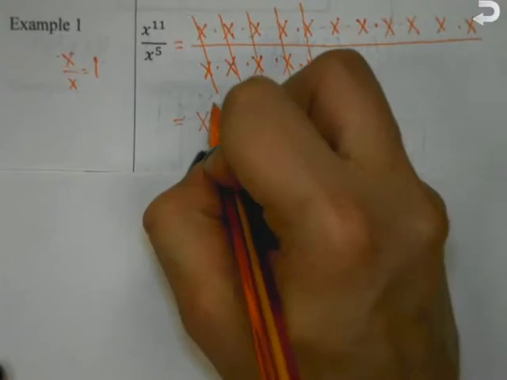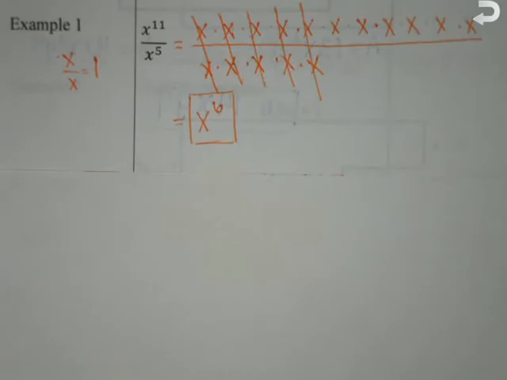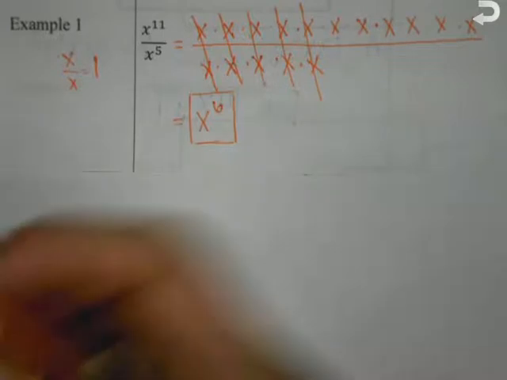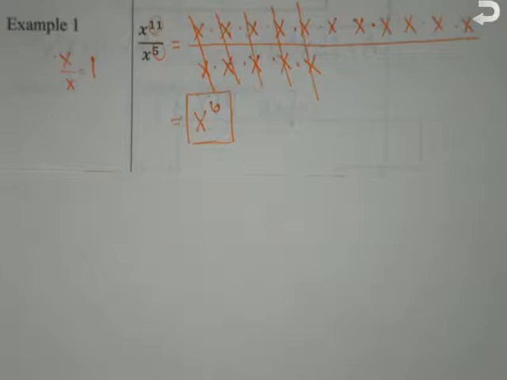Did anybody notice a shortcut here? Everett? Yeah, we subtracted the exponents. Okay? So that's our rule. So underneath example 1, let's write the rule for dividing powers.